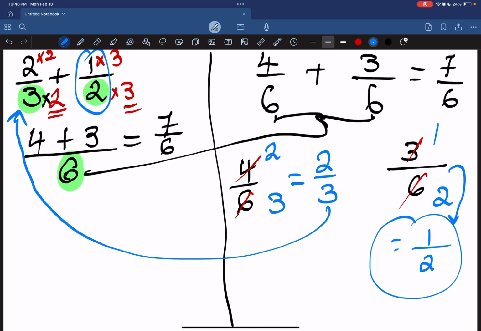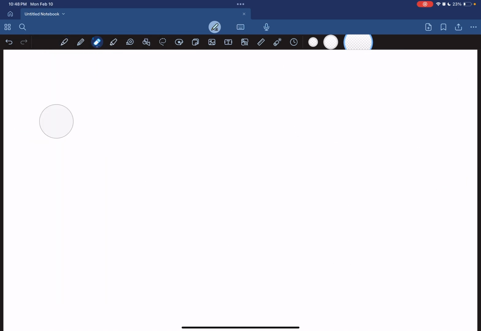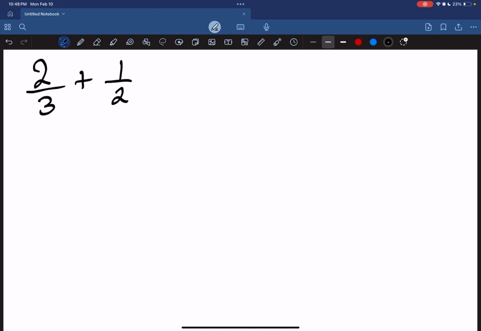What you need to understand, I know that there's a lot of things going on right here, so let me just clear it a bit to go over it and show you. Again, denominators are not the same. We find the LCM. The LCM is basically a number that both our denominators can go into without leaving a remainder.